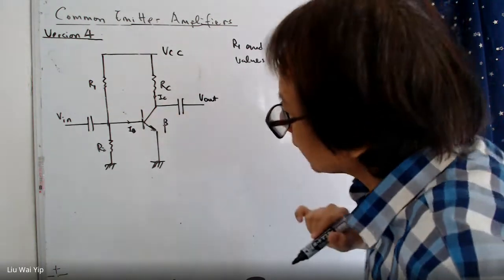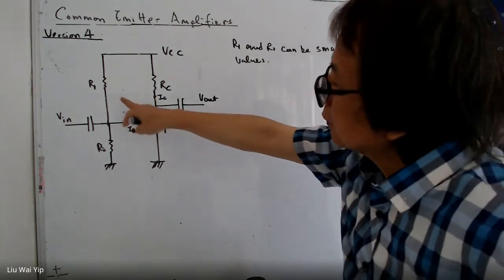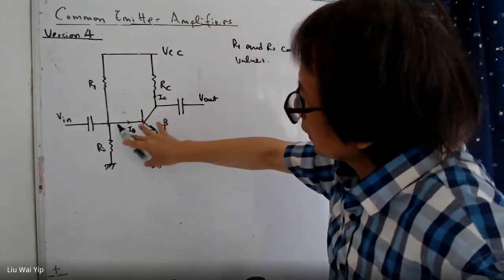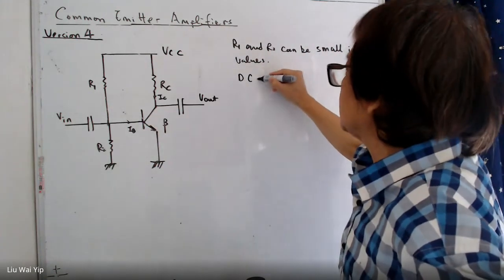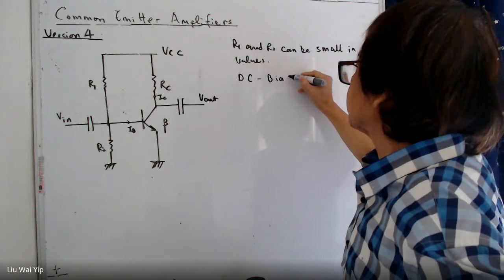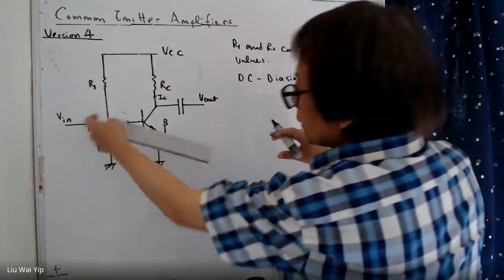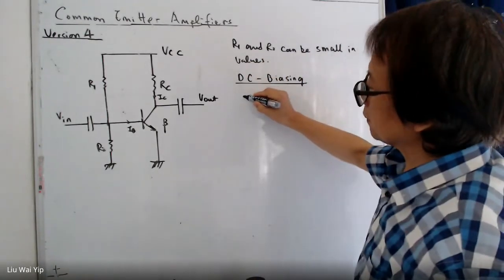But how can we calculate IB? Again, DC biasing. We can open circuit first. Open circuit all the capacitors.